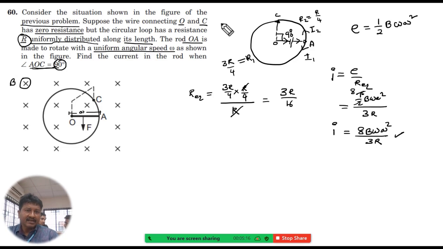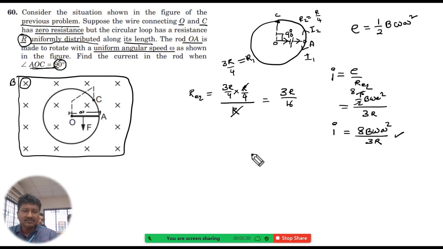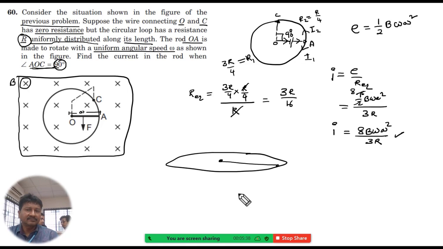Why are we not taking the weight of the rod? Because it is negligible. This diagram is in the horizontal plane. Horizontal plane means actually like this, here the rod, and this rod is revolving.